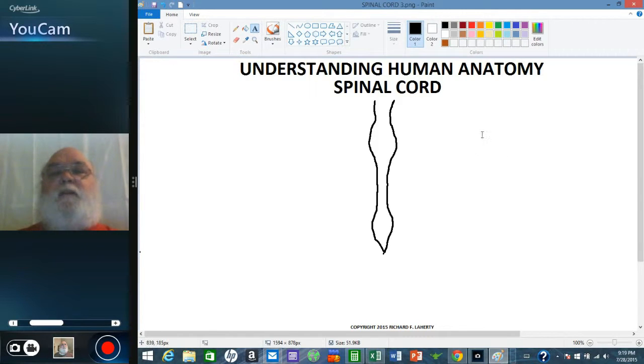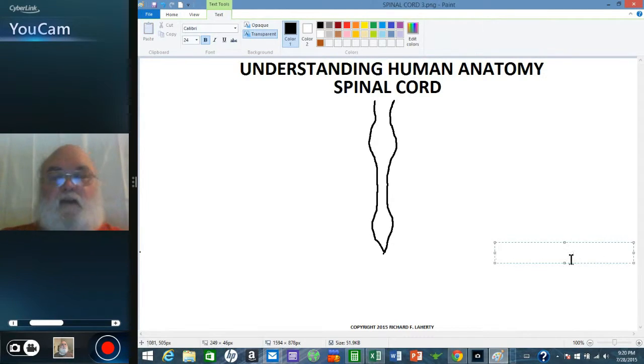And you actually have to be looking at slides of cuts through the tissue to actually see when you move from the spinal cord into the medulla proper. The spinal cord ends by coming to a point, and this point is roughly at the level of L1, L2.